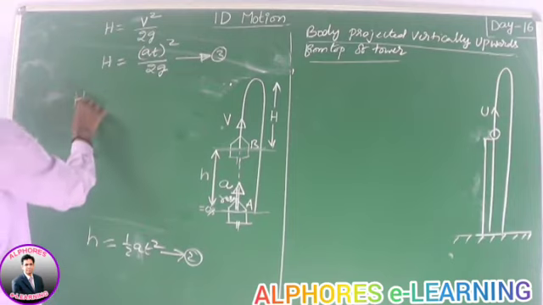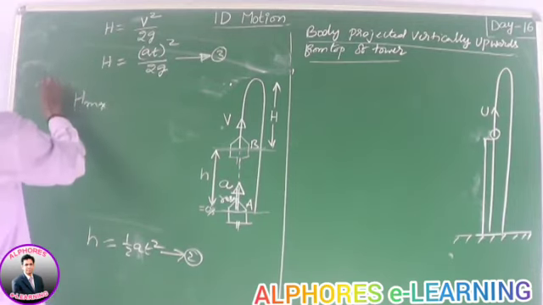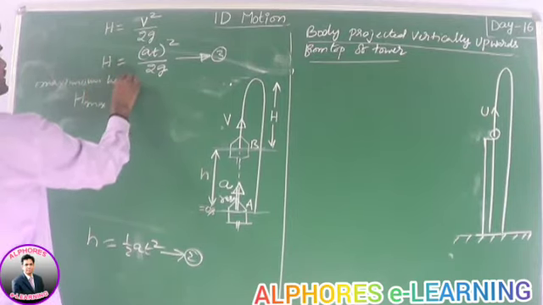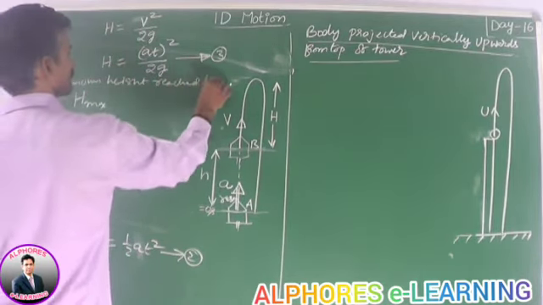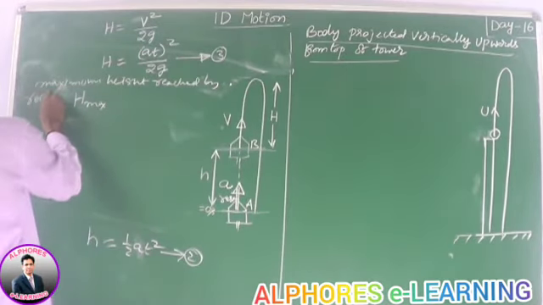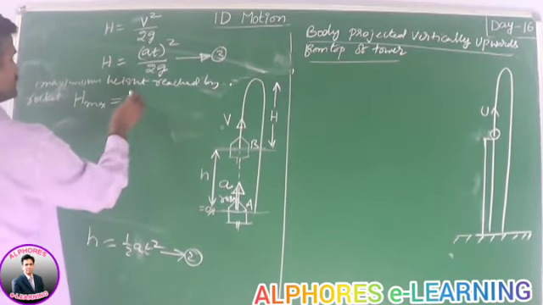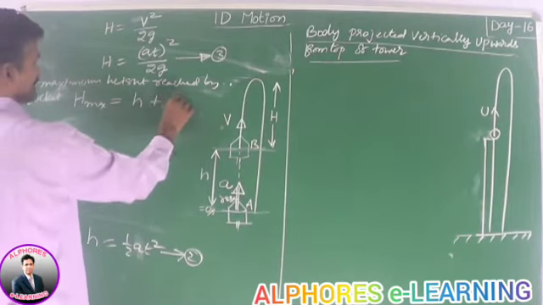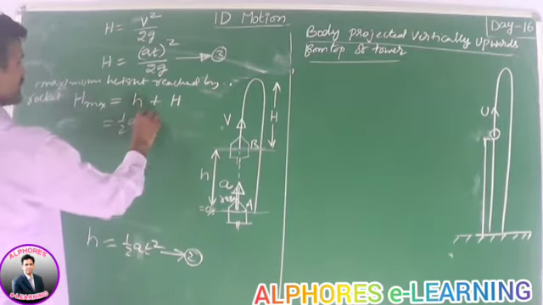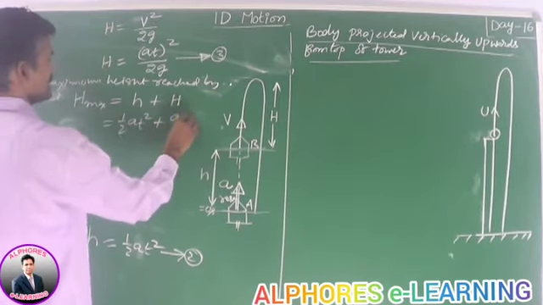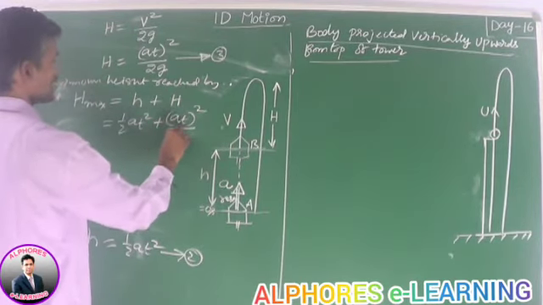So H max, or maximum height reached by the rocket, is small h plus capital H, right? Small h is half at square and this capital H is at whole square by 2g.